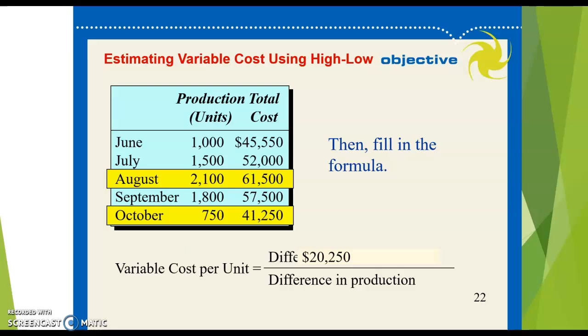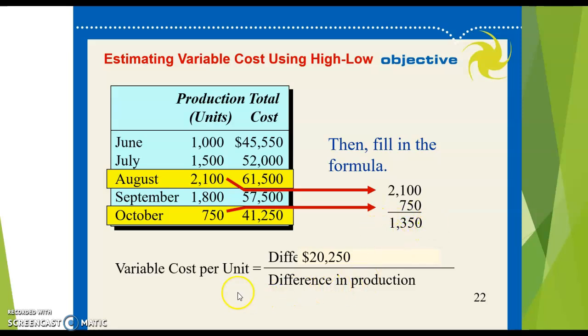The next thing is to get the denominator. We need the difference in production. So that's going to be the 2,100 units minus the 750 units of October. That's 1,350 is the difference.